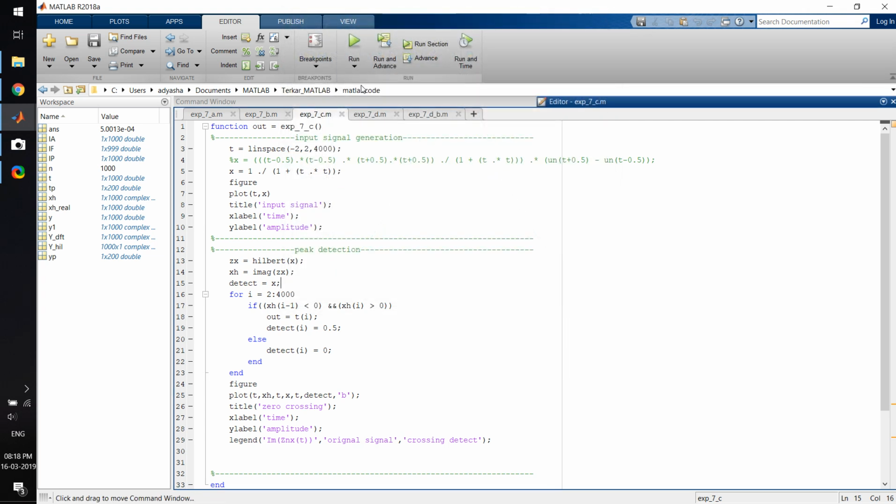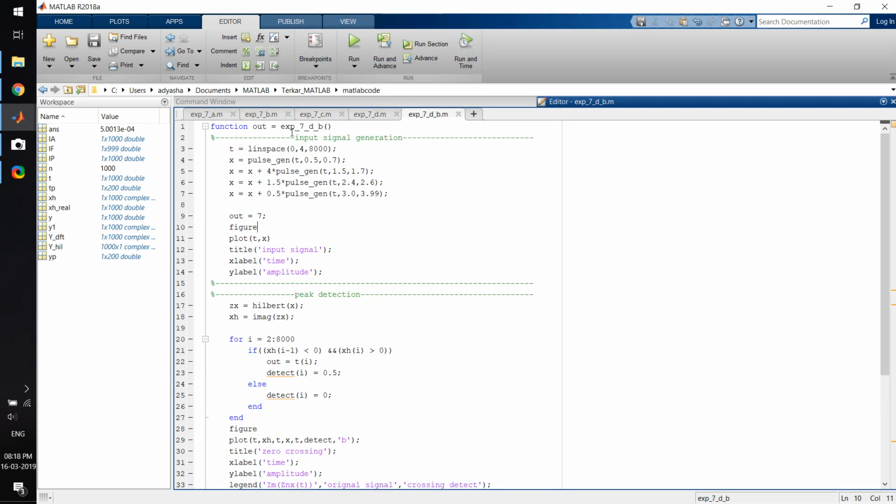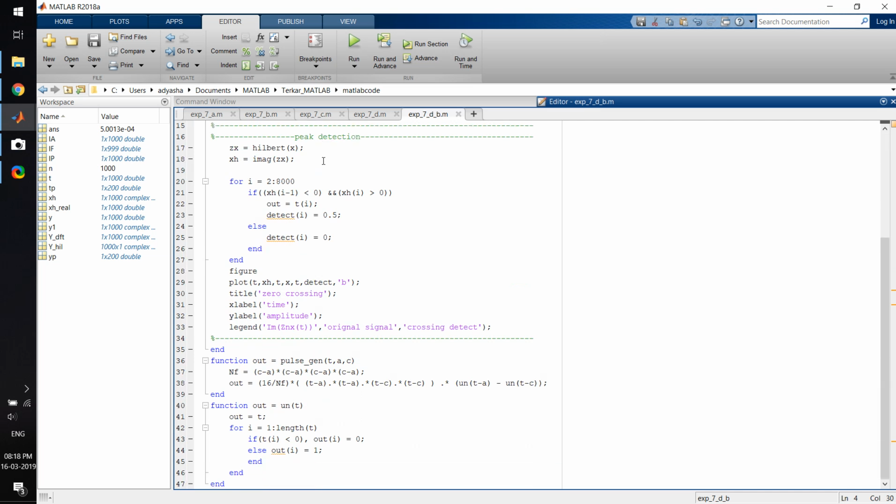Okay, so what I've done, using a simple pulse gen function, is generate pulses, which is nothing but simply t minus a whole square into t minus c whole square, where a and c represent the end points of the pulse. Now, I have squared them because they provide some kind of smoothing effect in the derivative.